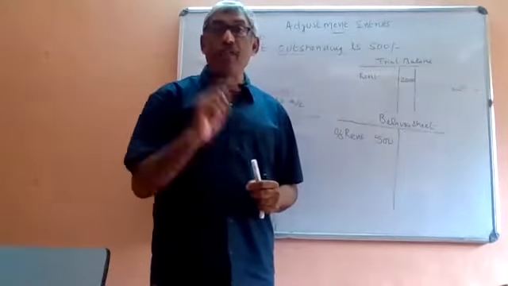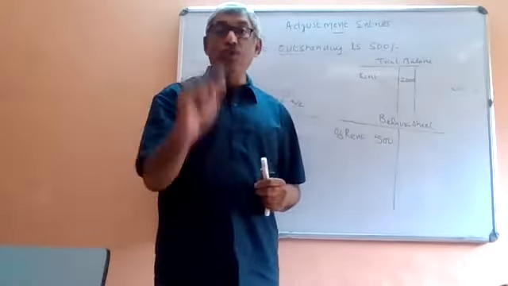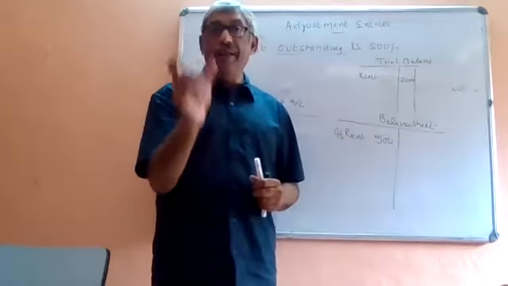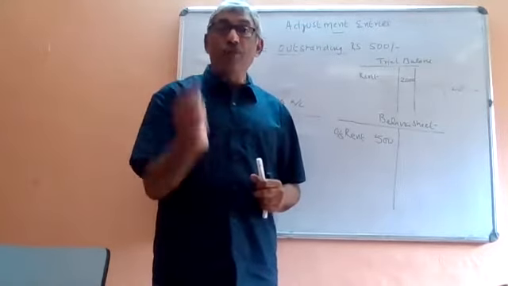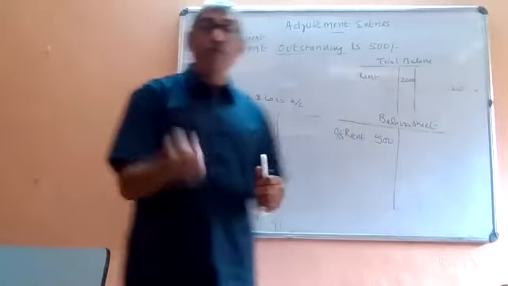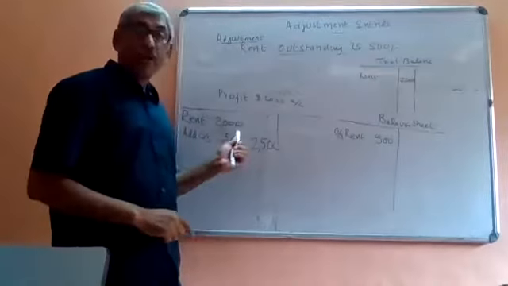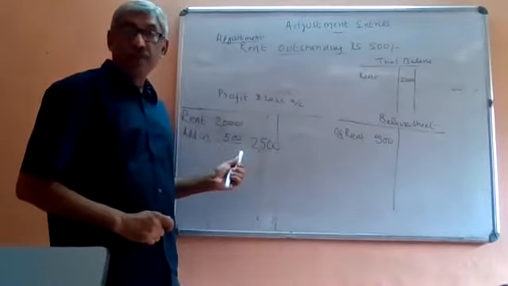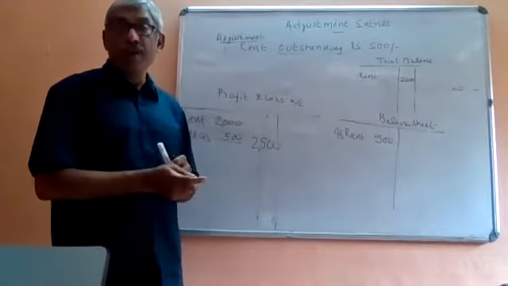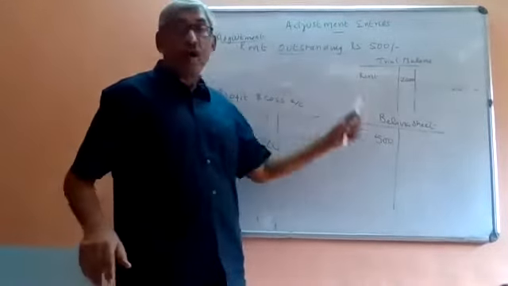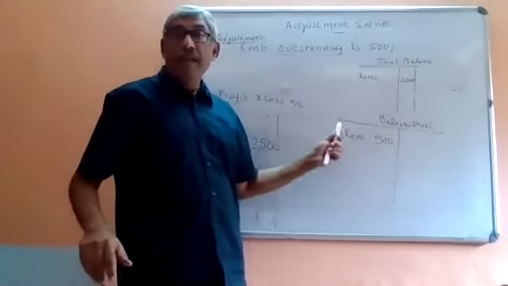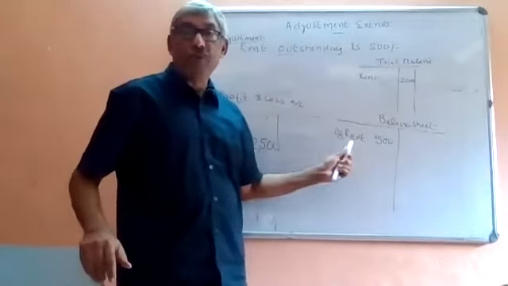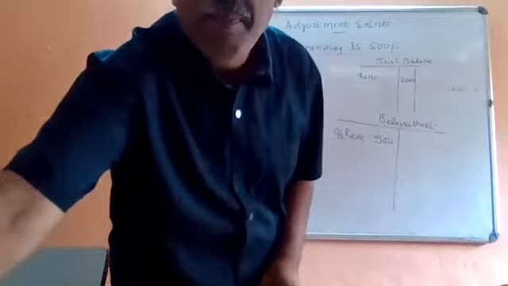Then regarding outstanding, whenever you get an outstanding question in adjustment, you have to add that outstanding amount with that particular expense in the profit and loss account, and then you have to write that outstanding amount on the liability side of the balance sheet. So two places where it will come.